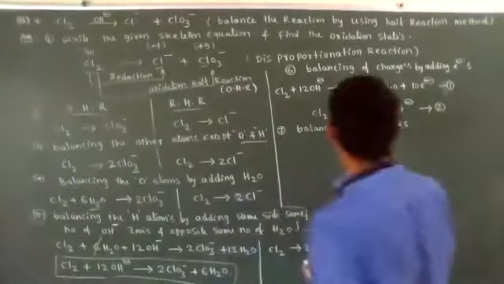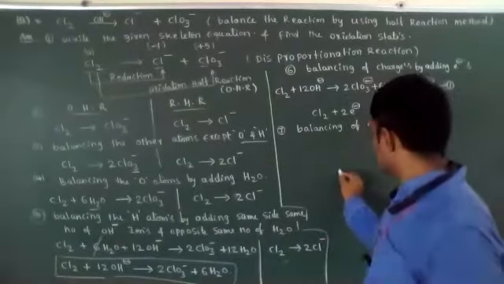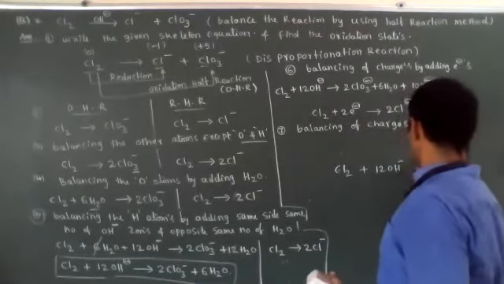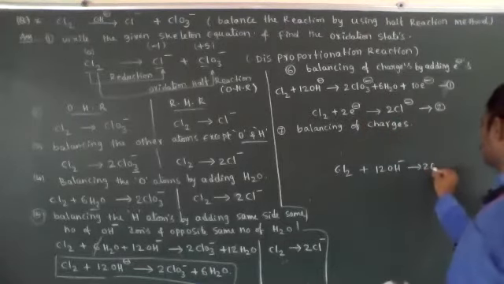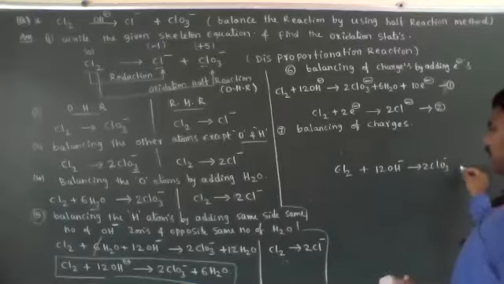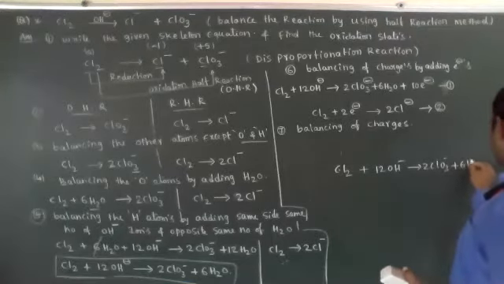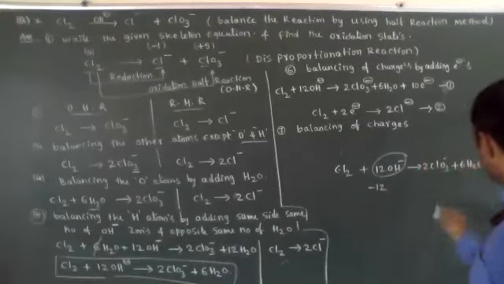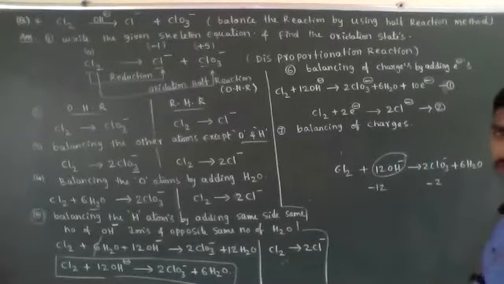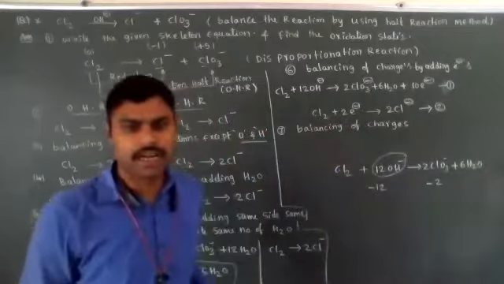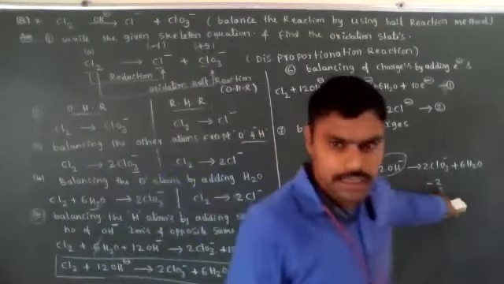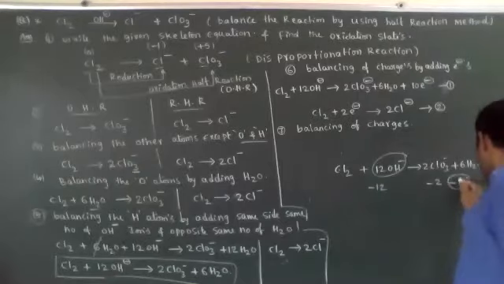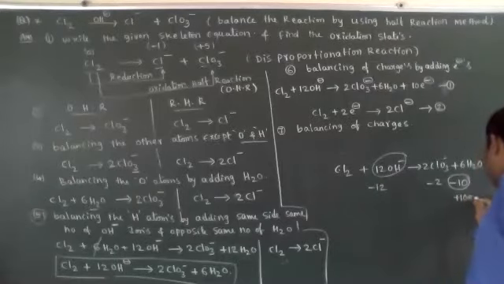See, balancing of charges. Cl2 plus 12 OH minus is converted into 2 ClO3 minus plus 6 H2O. Now how much negative charge is present? Minus 12. And here how much negative charge? Minus 2. To make both equal, if you add 10 electrons on this side, minus 10 means addition of 10 electrons.